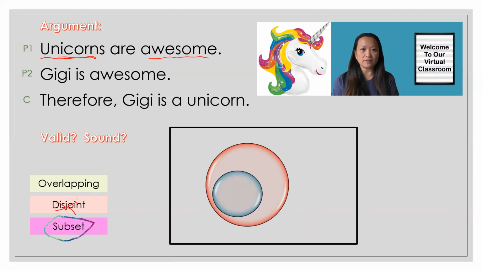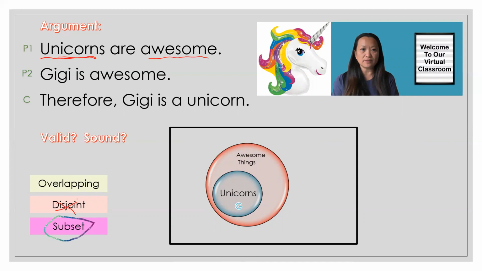The interior is the set of unicorns, and the outside circle is the set of awesome things. Now, when someone says that Gigi is awesome, where could she be? Could she be in there?